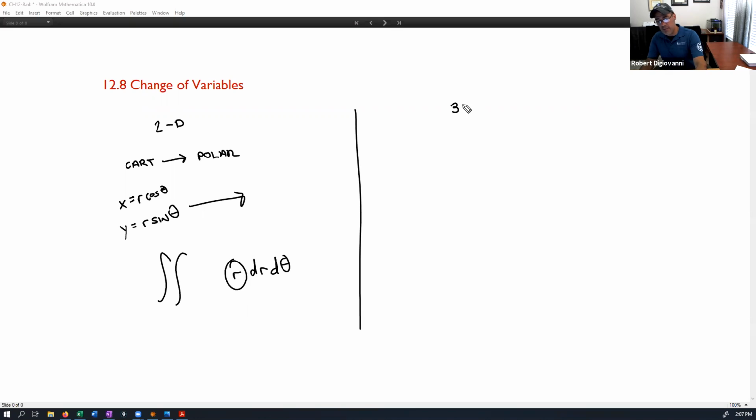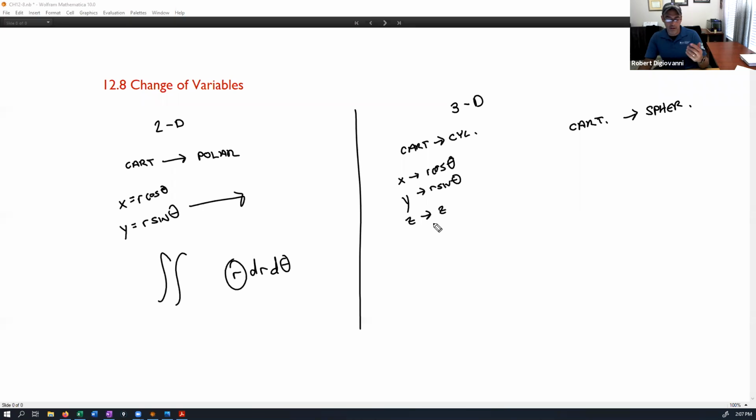In 3D, we actually just did two different changes of variables. One of them was Cartesian to cylindrical, and the other one was Cartesian to spherical. In the first one, x went to r cosine theta, y went to r sine theta, z stayed z, right?